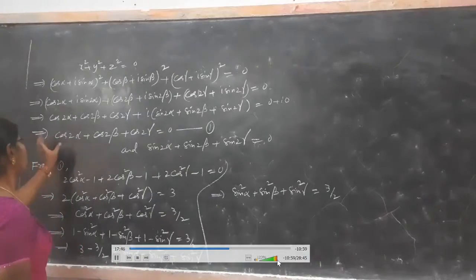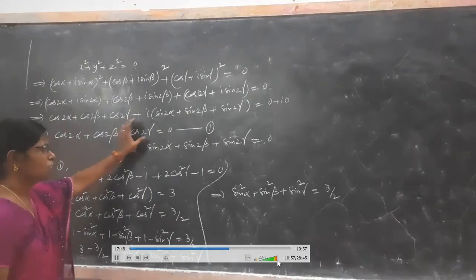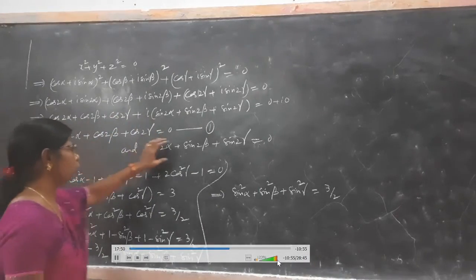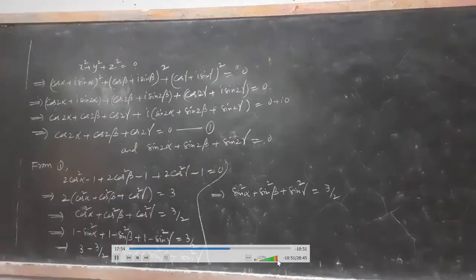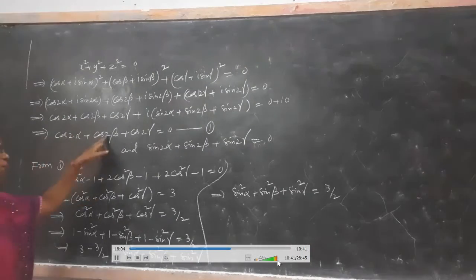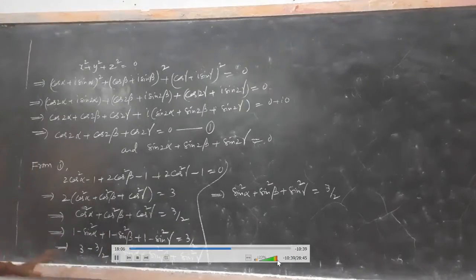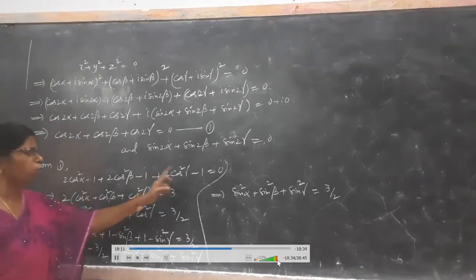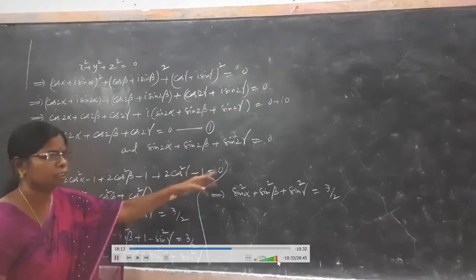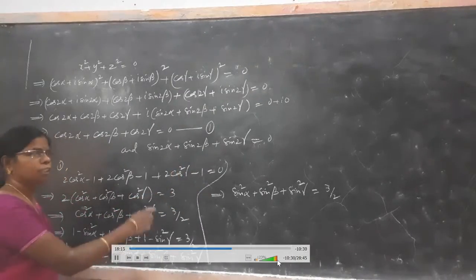So again cos 2 alpha plus cos 2 beta plus cos 2 gamma equals 0, and similarly sin 2 alpha plus sin 2 beta plus sin 2 gamma is equal to 0. Okay, from the first one, take cos 2 alpha as 2 cos square alpha minus 1, and write similarly for the others. Simplifying this, the minus 1 minus 3 is sent to the RHS, that is 3.